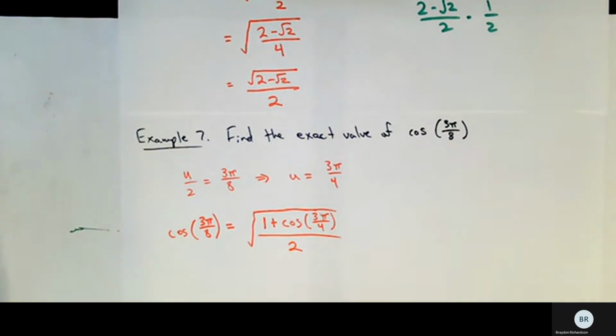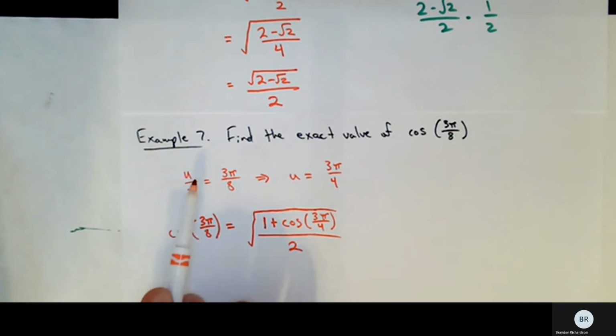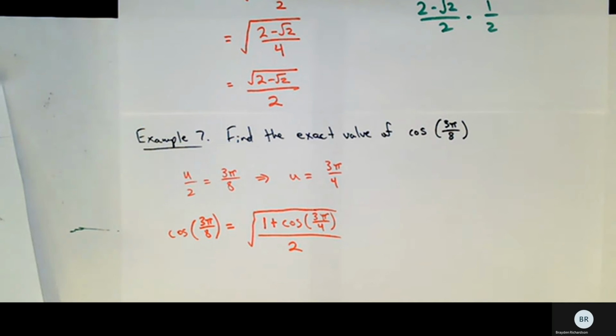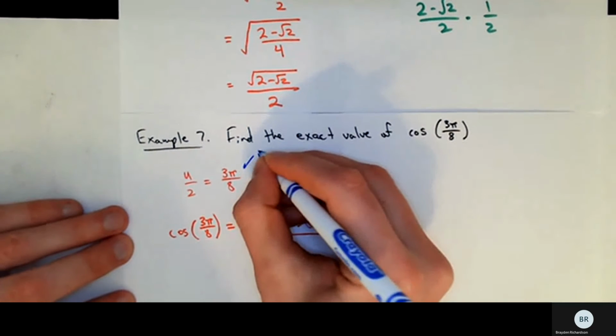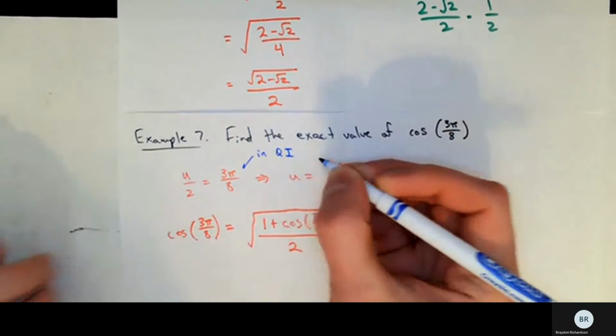And then I'm thinking about, okay, where is u over 2? Where is 3 pi on 8? You could convert it to degrees if you'd like to really decide where 3 pi on 8 is, but I'll just go ahead and tell you this is in quadrant 1.